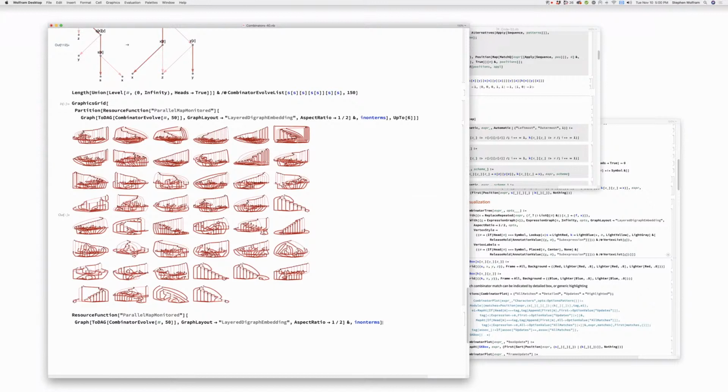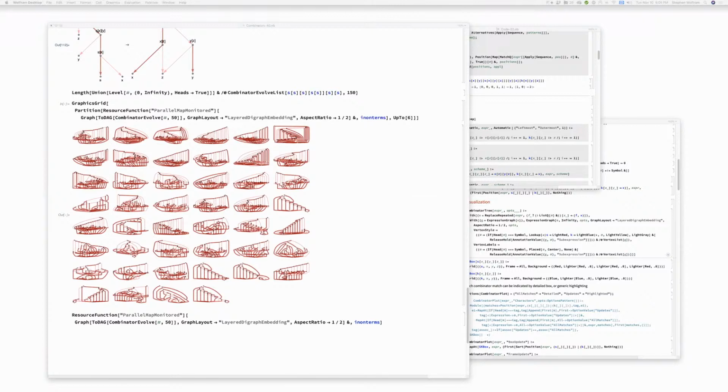Where is that? Drat. I'm just trying to find my computation of these. Here we go.